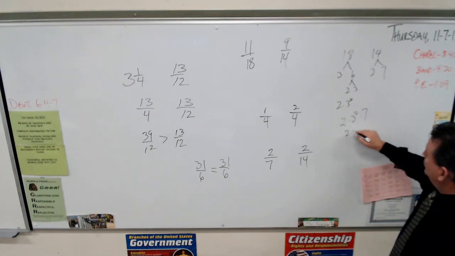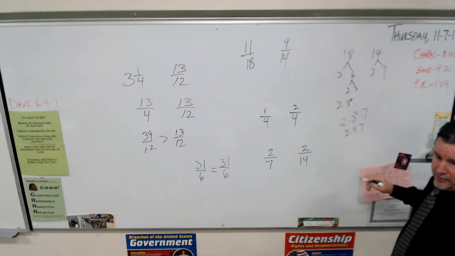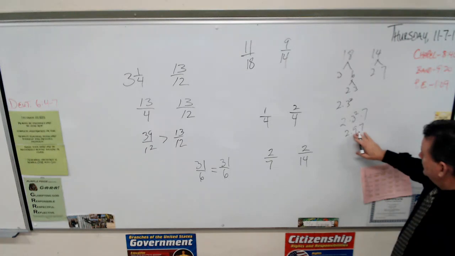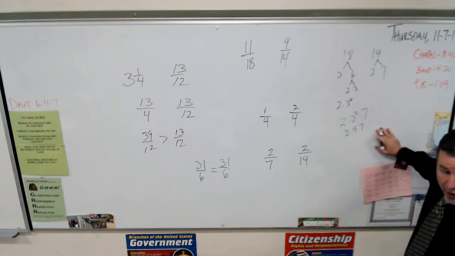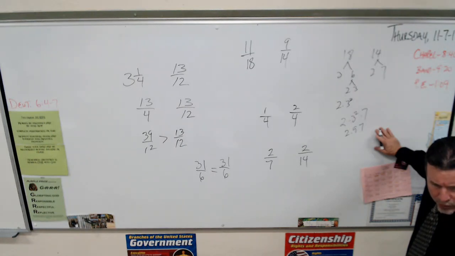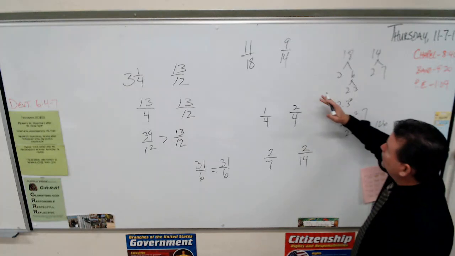Times 7. 2 times 9 times 7. What is 63 times 2? 9 times 7 is 63, 63 times 2 is 126. So my new denominator is 126.